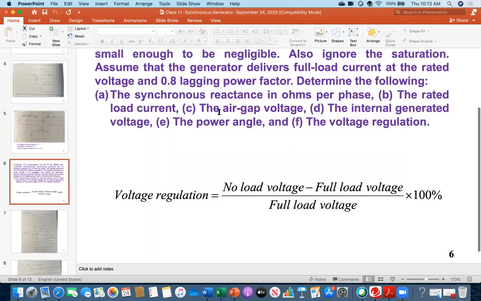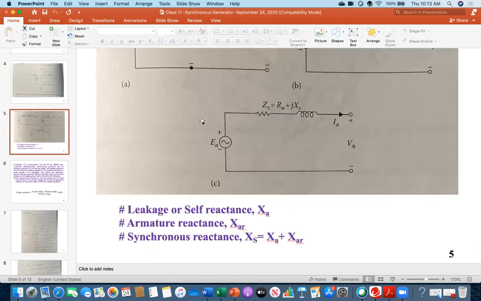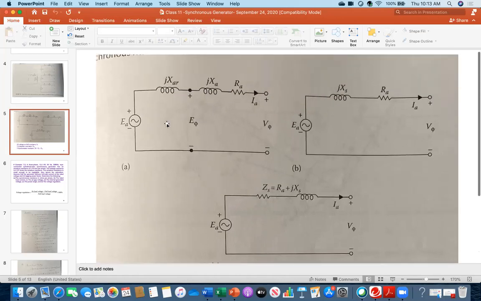So now you see the next question. First see the question. The next question was the air gap voltage. So once again, which one is the air gap voltage? Look at this picture, this voltage, this voltage. This is the terminal voltage. Terminal voltage in that problem is 13.2 kV, which is the rated value. But air gap voltage means you have to find the voltage here.